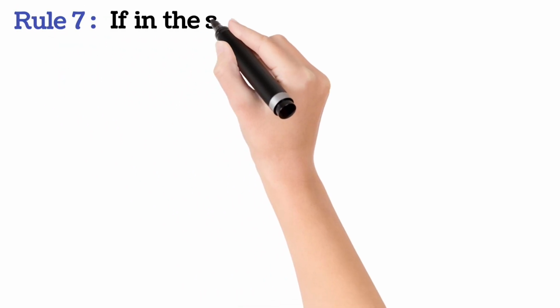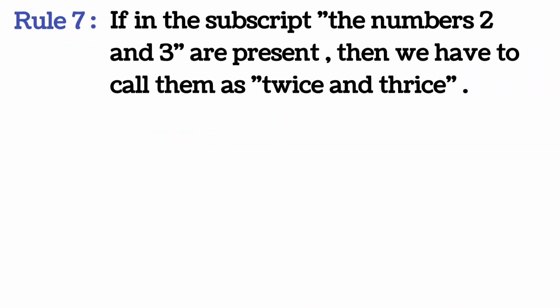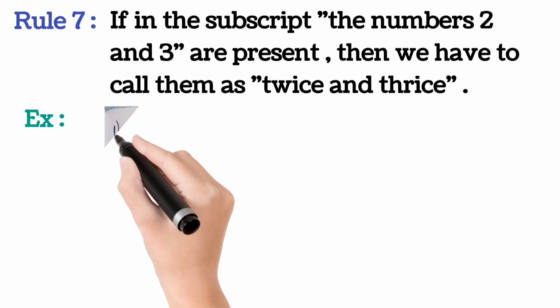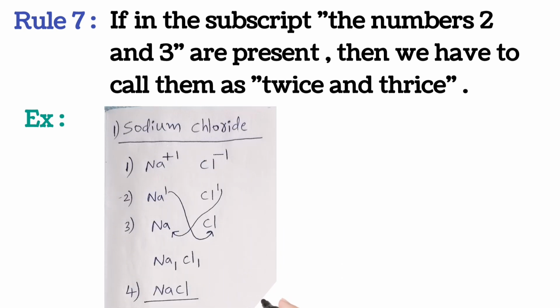Rule 7. If the numbers 2 and 3 are present in the subscript, then we call them twice and thrice. For example, let me write the formula for sodium chloride. First, the symbol for sodium is Na and its oxidation state is +1.